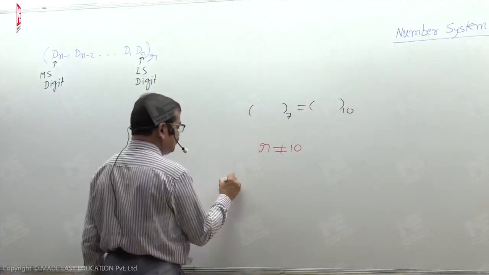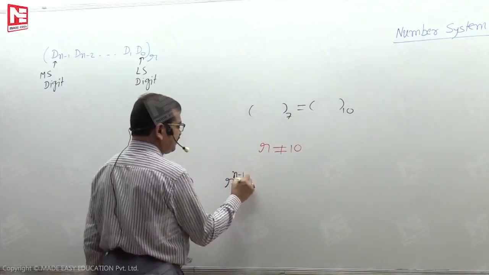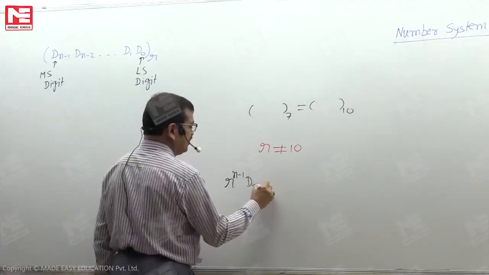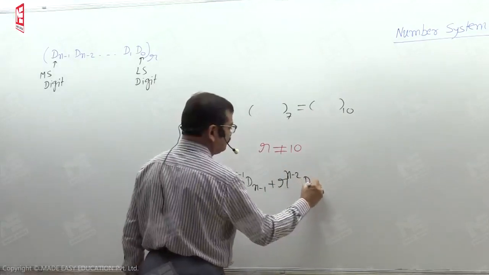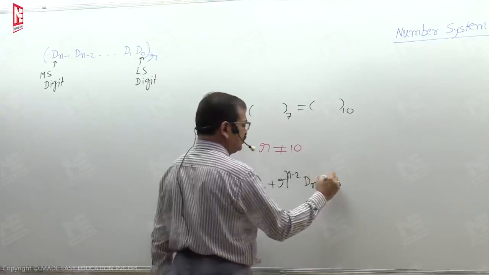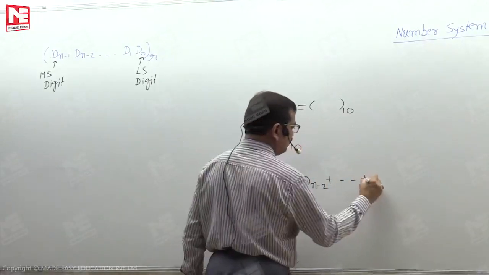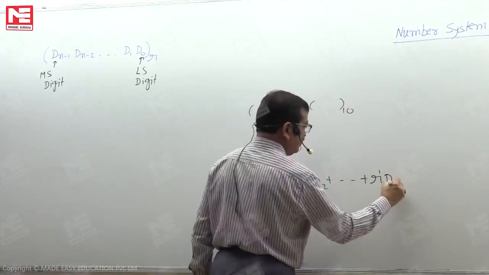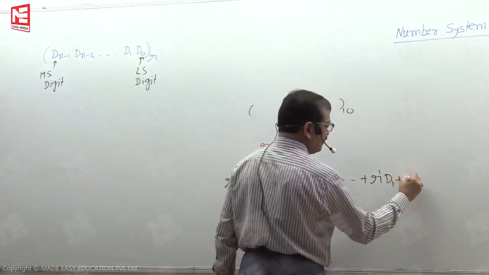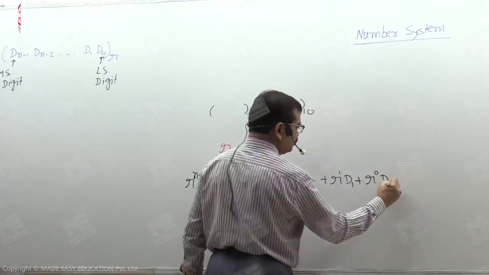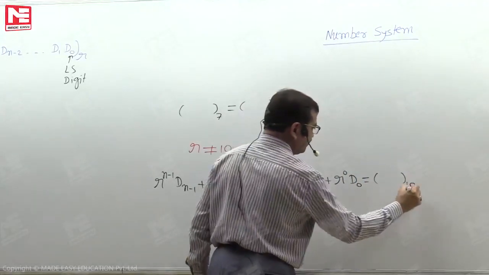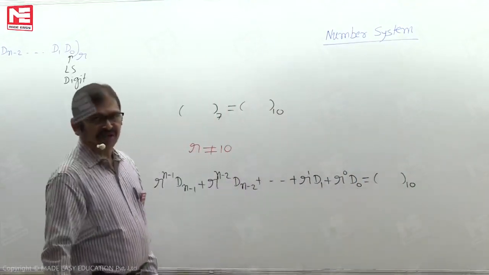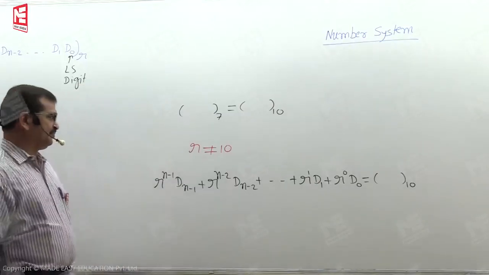The polynomial equation is r to the power of n-1 d_{n-1} plus r to the power of n-2 d_{n-2} and so on, r to the power of 1 d1 plus r to the power of 0 d0. While evaluating this polynomial equation, we are reading its equivalent decimal value.